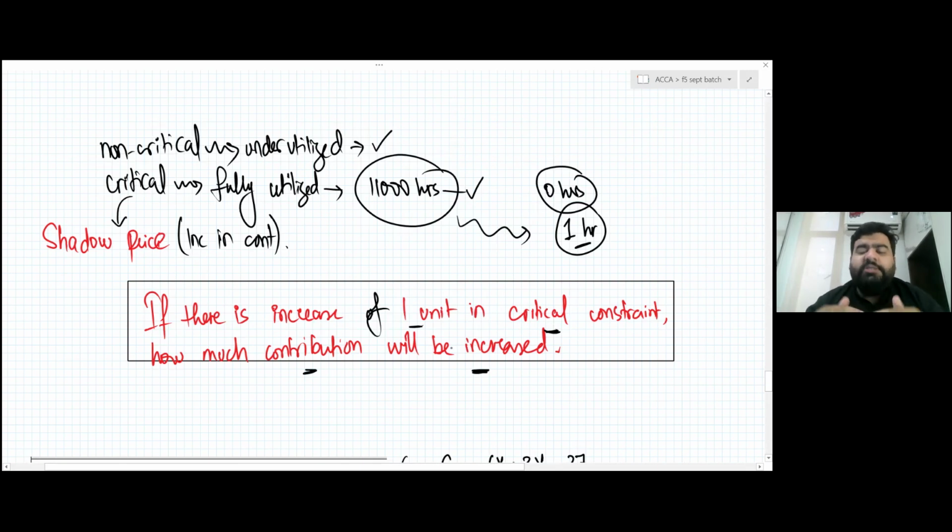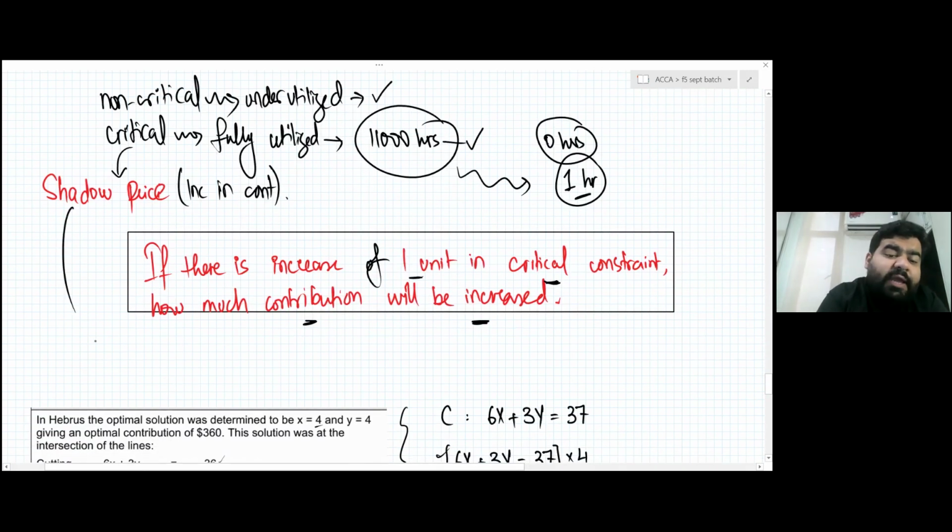If you have 11,000 hours and you arrange 1 hour, it will be 11,001 hours, right? Arranging that 1 hour will give you how much contribution? That's the shadow price. So shadow price is actually the increase in contribution due to an increase of 1 unit of a critical constraint.